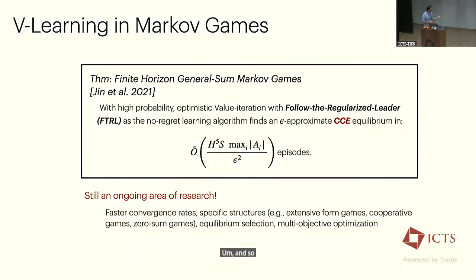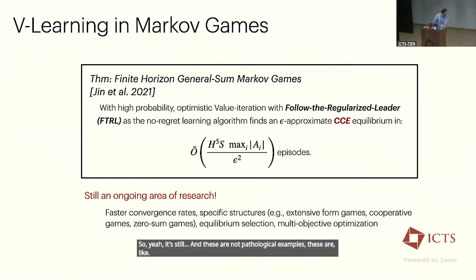And so CCE tends to be the best that we can hope for. Sometimes you could strengthen it to a correlated equilibrium, but actually correlated equilibria, I think, still have that property that you could construct a case where it puts support on a dominated strategy. So yeah, it's still. And these are not pathological examples. These are very straightforward examples where this happens.